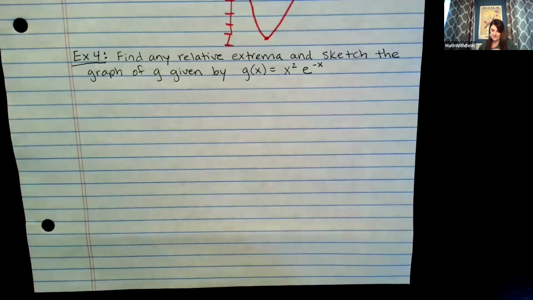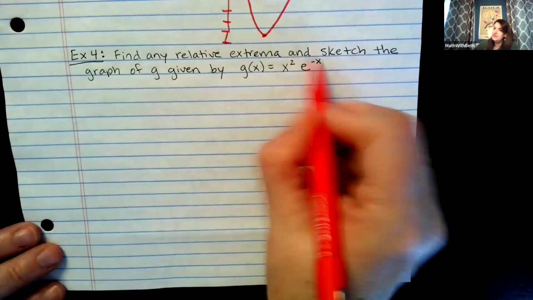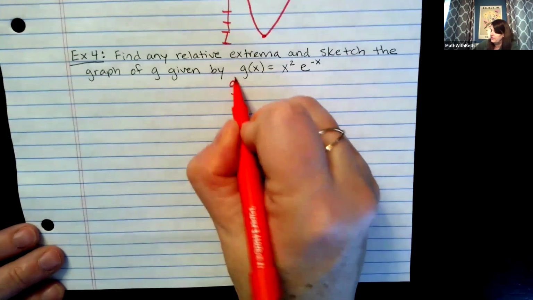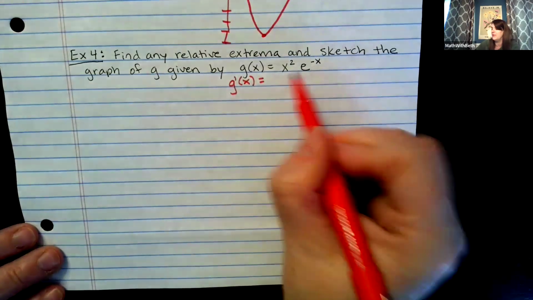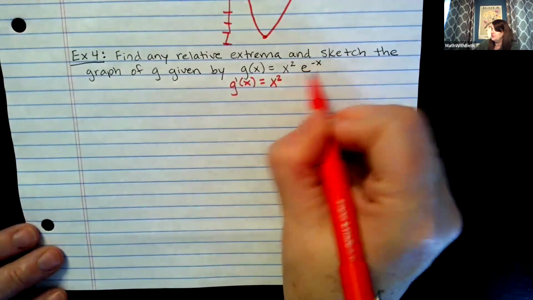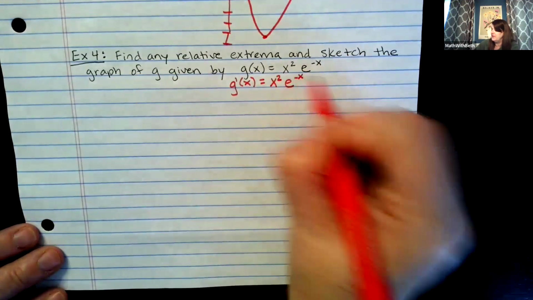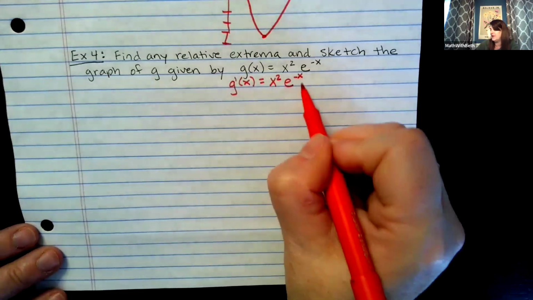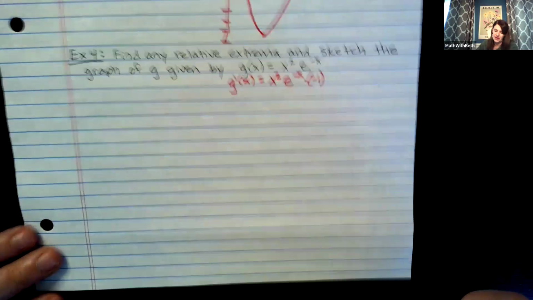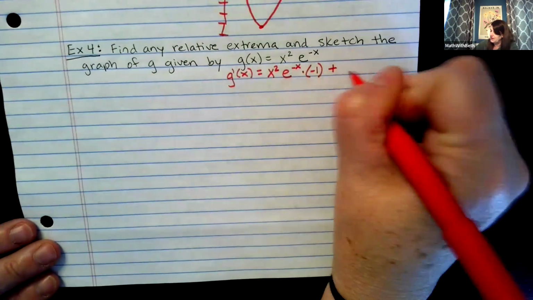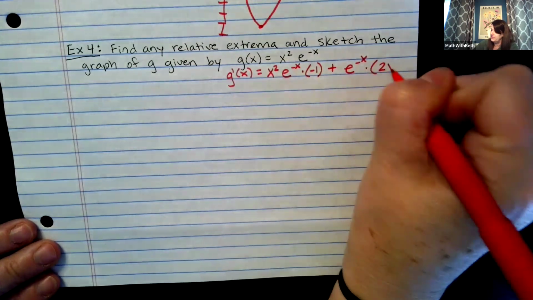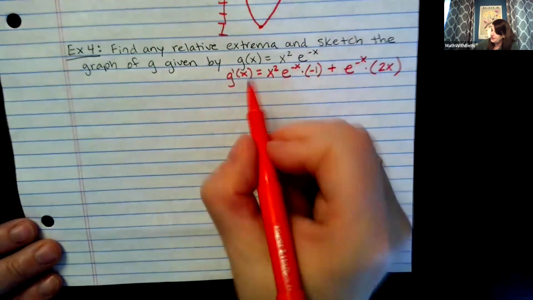Let's try one more. So this one is definitely a little harder as far as finding the derivative. So make sure you're using the product rule. So x squared times the derivative of e to the negative x, which is e to the negative x, but then times the derivative of negative x, which is -1, plus e to the negative x times the derivative of x squared.